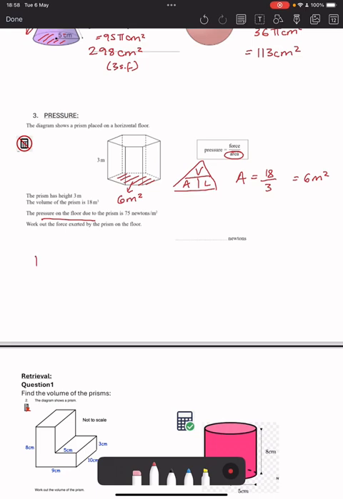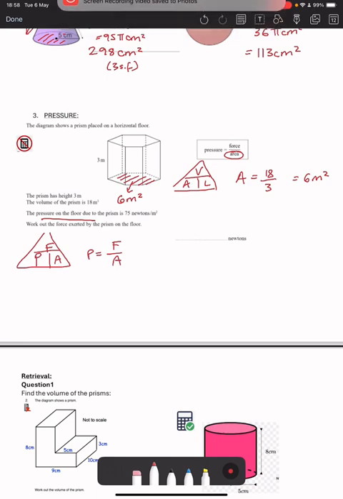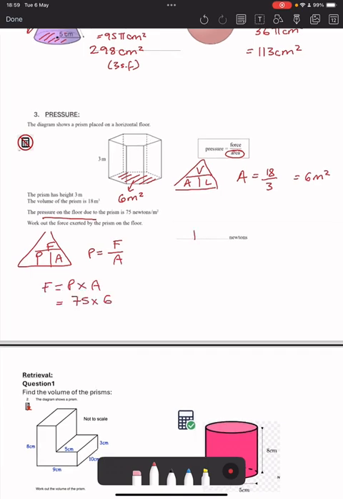So now if I've got P F A, so we're told the pressure on the floor is 75 and we want to work out the force. Force is pressure times by area. So the pressure is 75. We've just found our area to be 6. So we're doing 75 times by 6, which gives me 450 newtons.